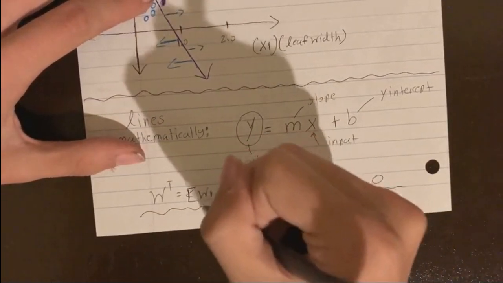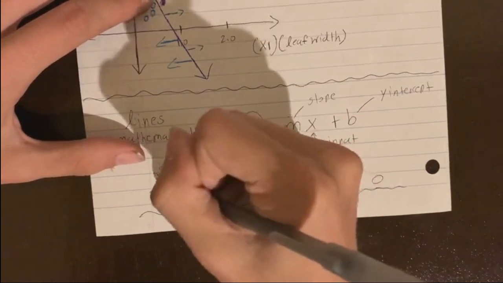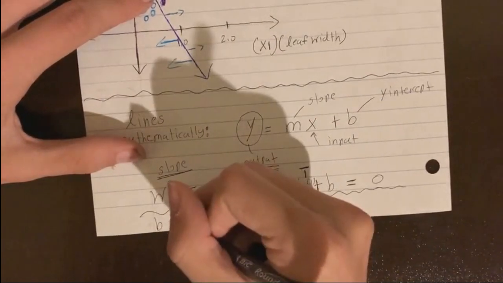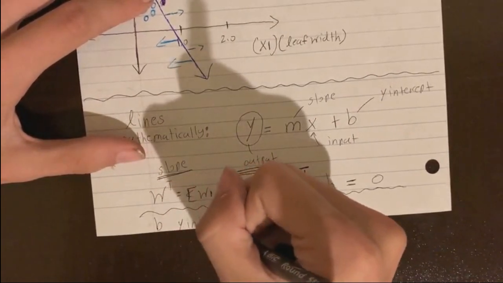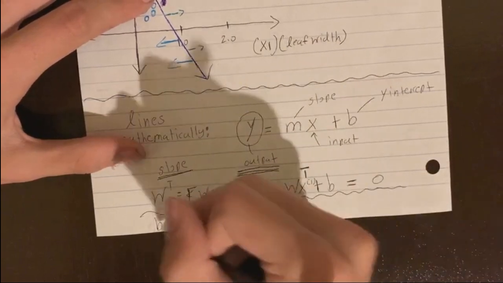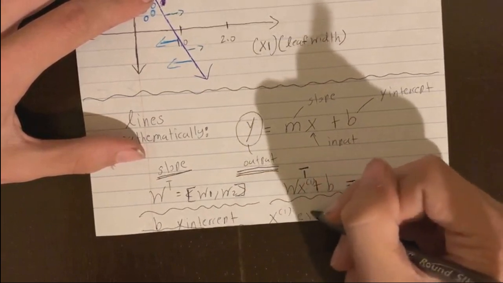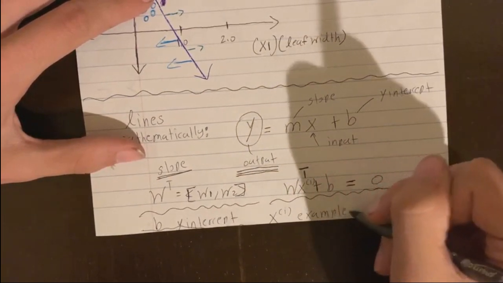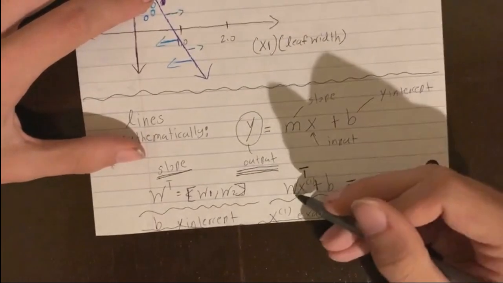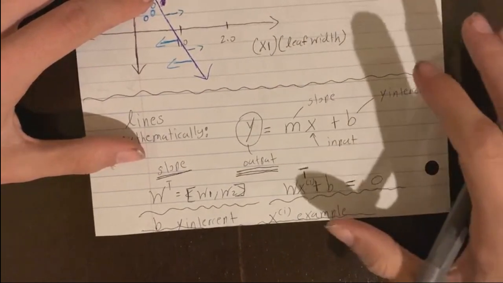W transpose is essentially the slope of our line, and b is still the y-intercept. X of i is just an example in our data set. And this equation, W transpose X of i plus b equals 0, describes our line.